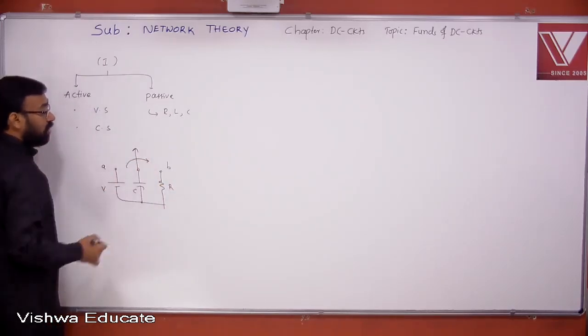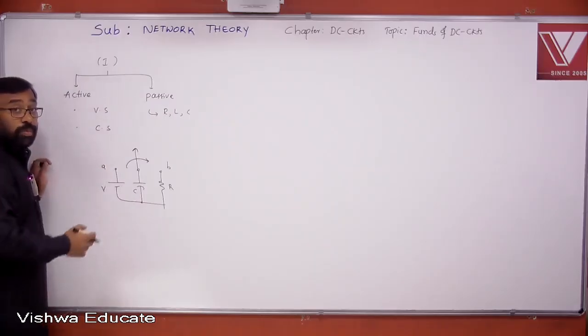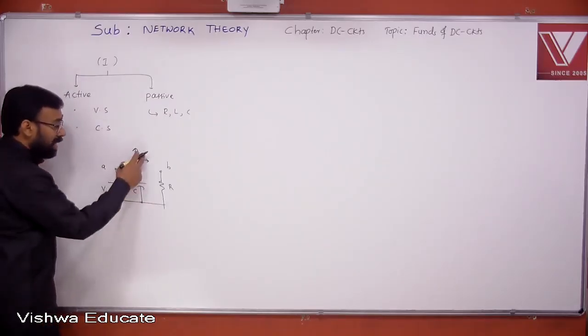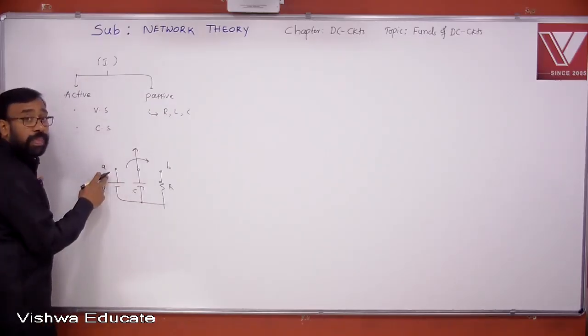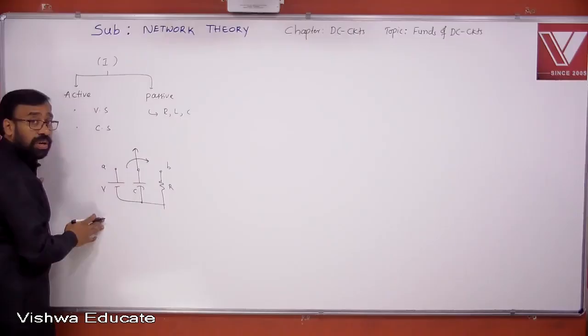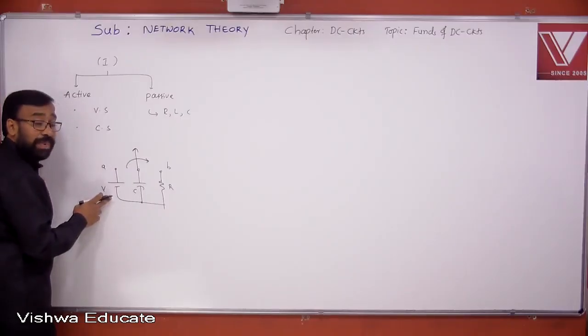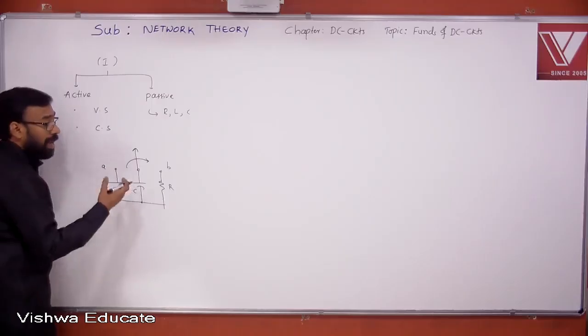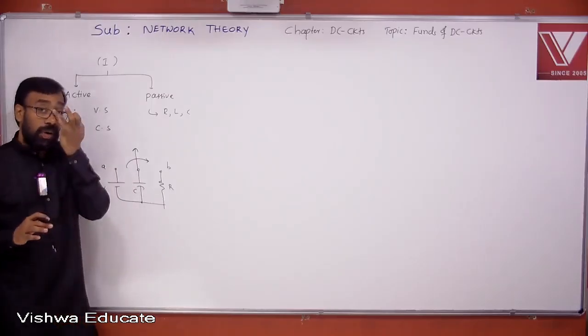The switch is placed here to move from A to B. Initially, the switch is placed at A for a long time. The capacitor will get charged to V. In this case, the voltage source is supplying, the capacitor is absorbing. Yes or no, all of you?